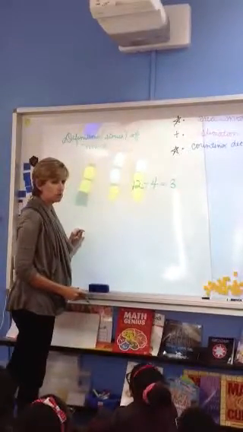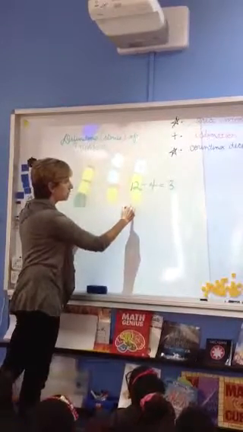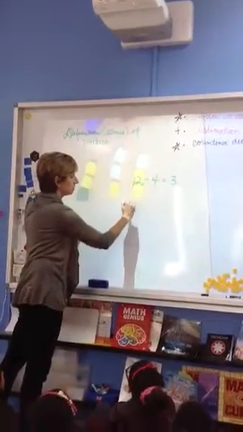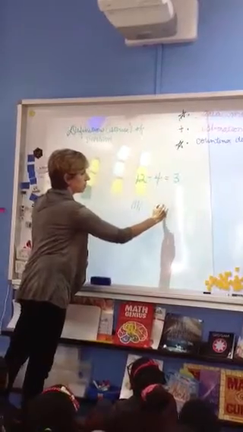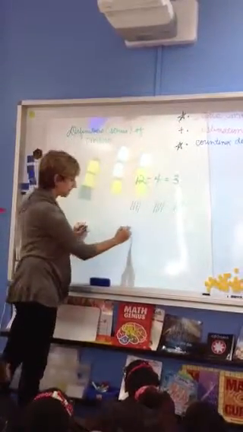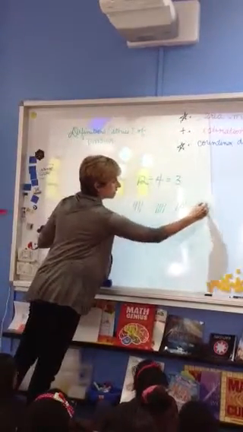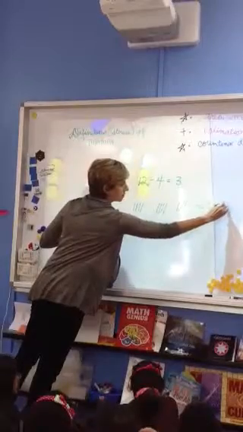If I were to draw a picture of it, the first story was, I want groups of 4. 4, 1, 2, 3, 4, 1, 2, 3, 4. The second story was, I have 4 friends. So, how many groups do I have? 3 groups.